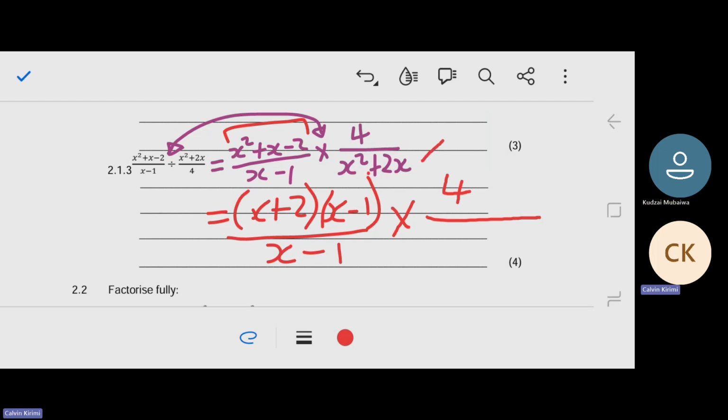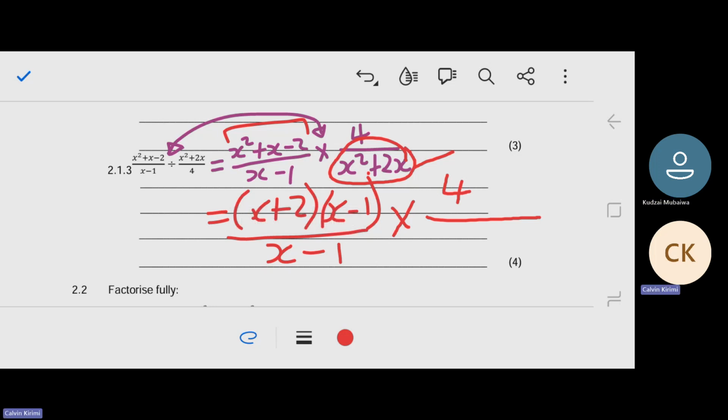Here we can factorize this. Can we factorize that? It does have a common factor.